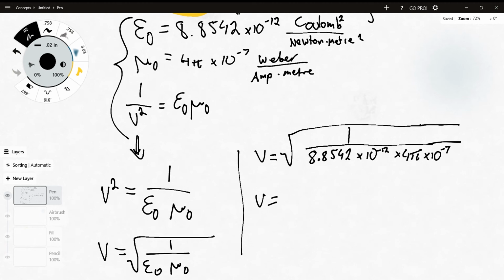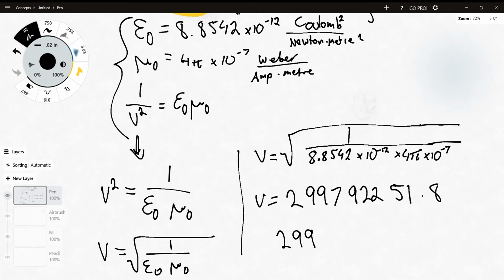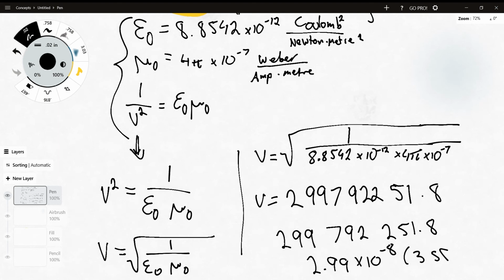Because you do get 299,792,251.8 meters per second, or 2.99 times 10 to the 8 if you're going for three significant figures.